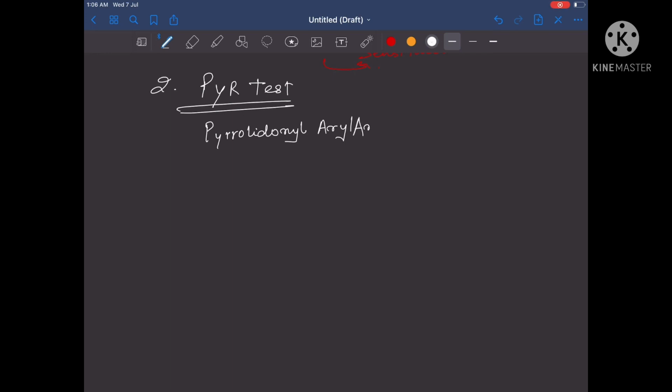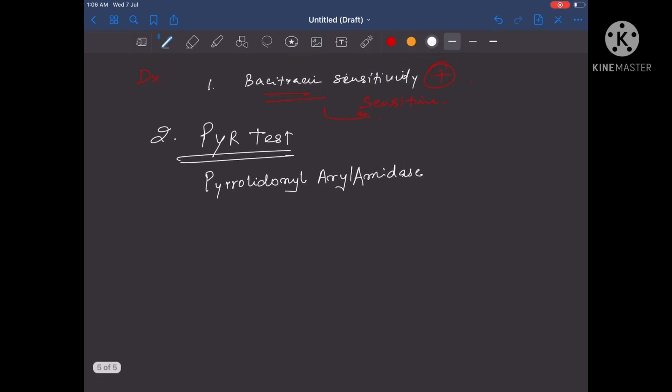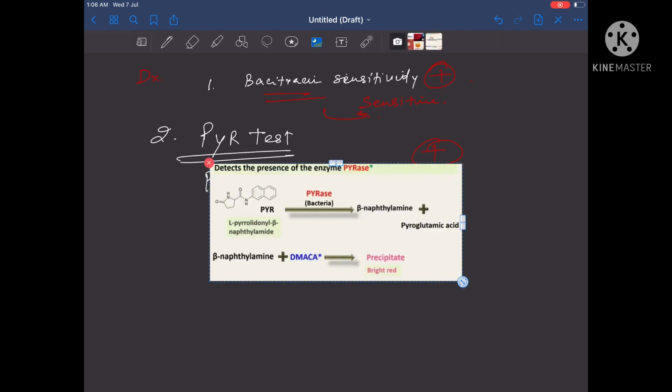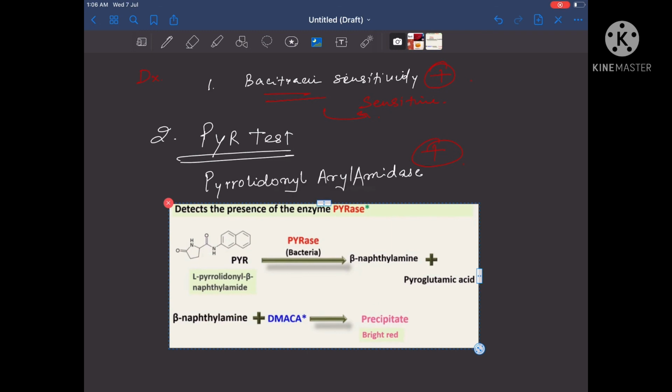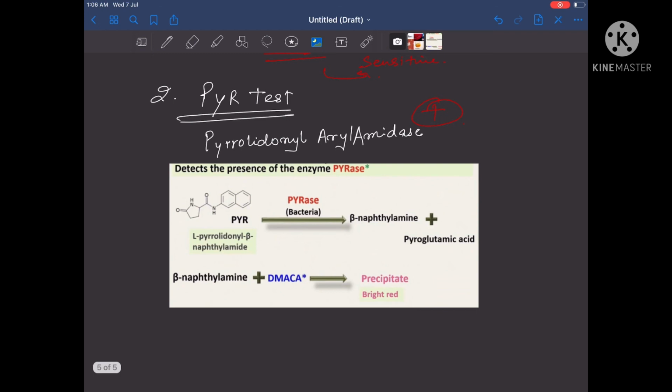Basically, PYR is a chemical, and bacteria contain pyrase. I'll share a picture with you to make it more clear. So this is the chemical PYR, and the bacteria contain pyrase.